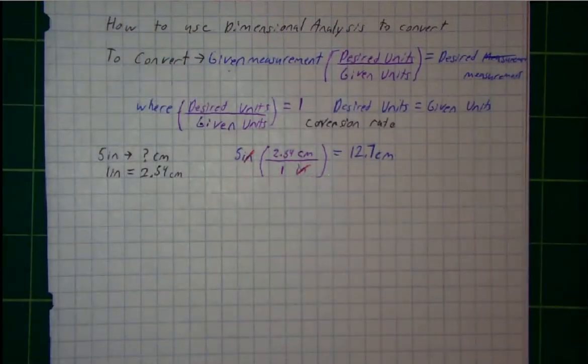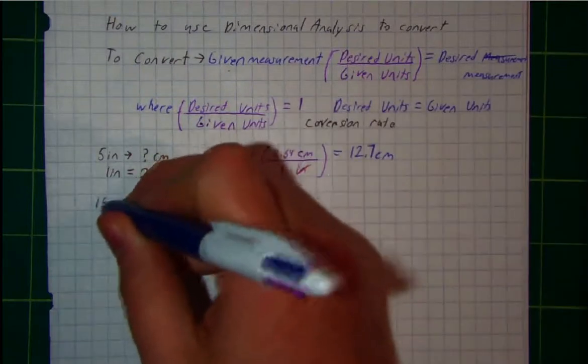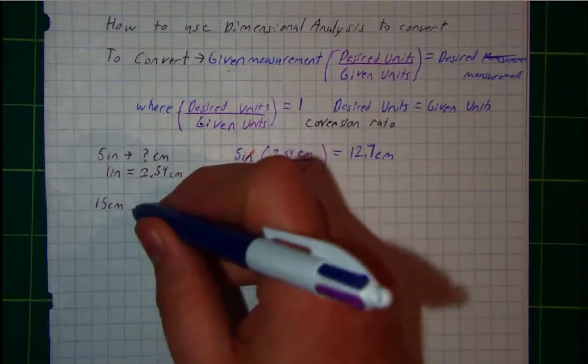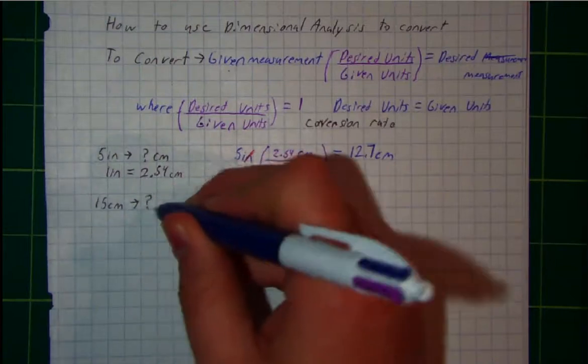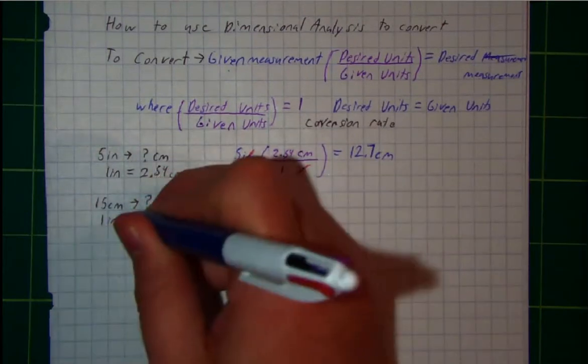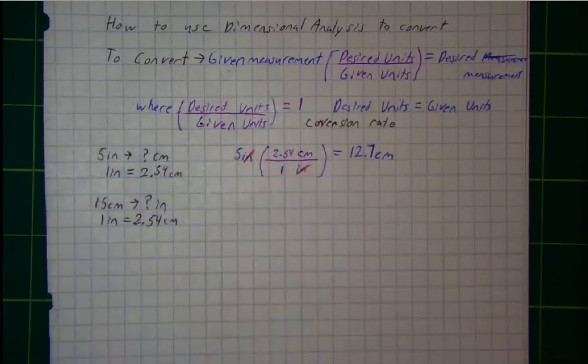Let's try another example. Let's try it backwards. Let's say we want to go from centimeters to inches: 15 centimeters to question mark inches. I know that 1 inch is still equal to 2.54 centimeters.